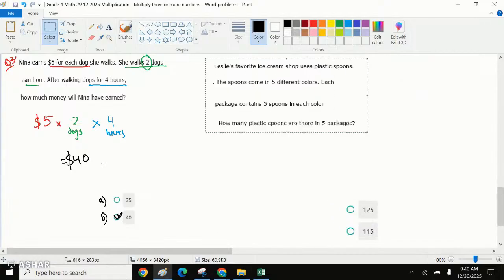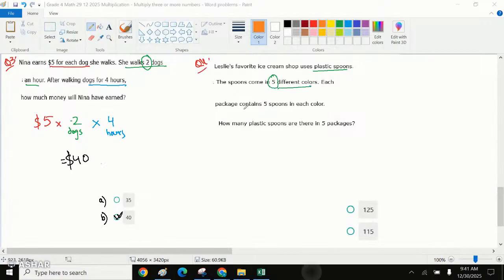This is question number 4. Leslie's favorite ice cream is? Can you do it? I'll just continue with you. Plastic spoons, 5 different colors.